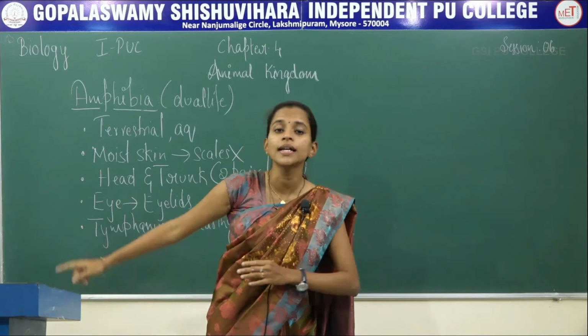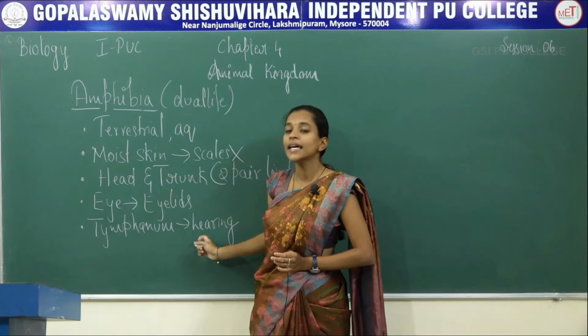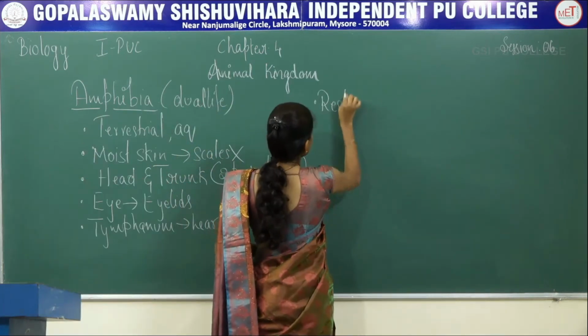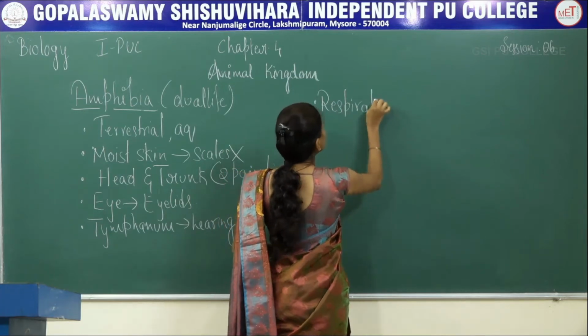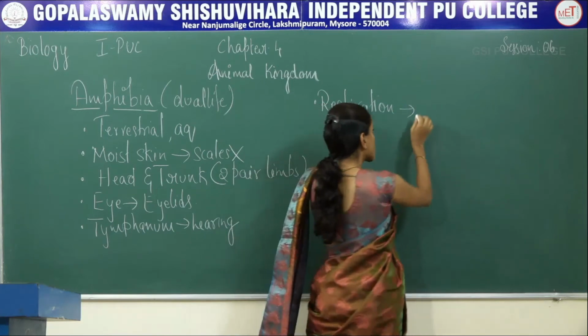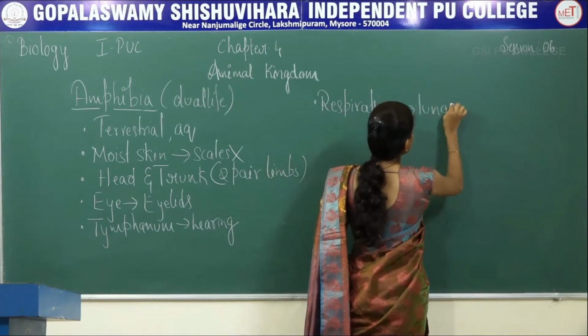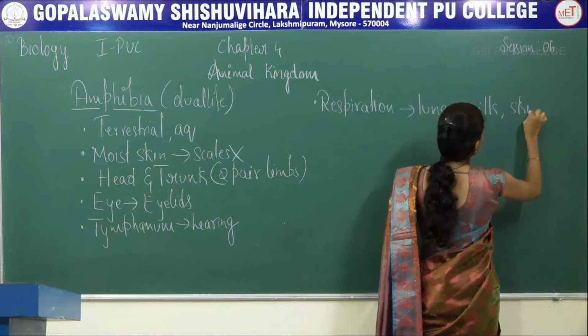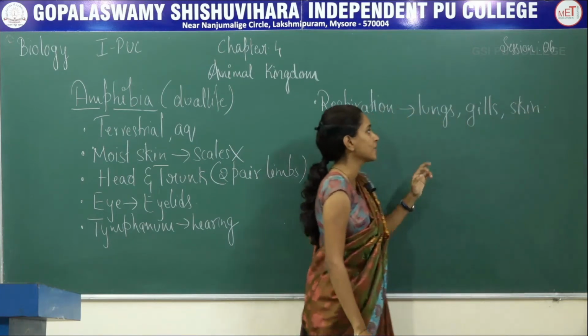That is what is called a tympanum, which helps in hearing. Next character will be respiration, which takes place in different forms: through lungs, gills and skin, that is through their moist skin.